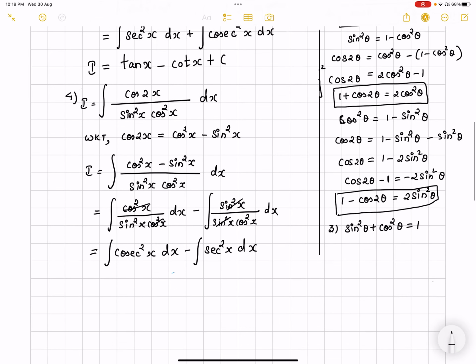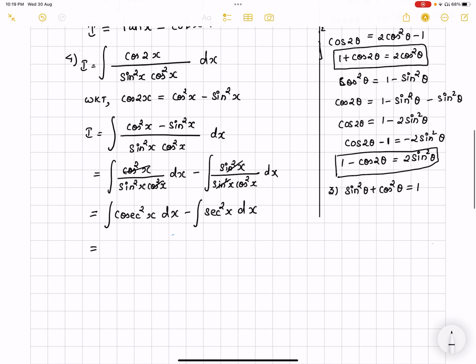And we know the integration formula of cosecant square, which is nothing but minus cot x, and then minus tan x because the negative is outside, plus c is gonna be my answer.